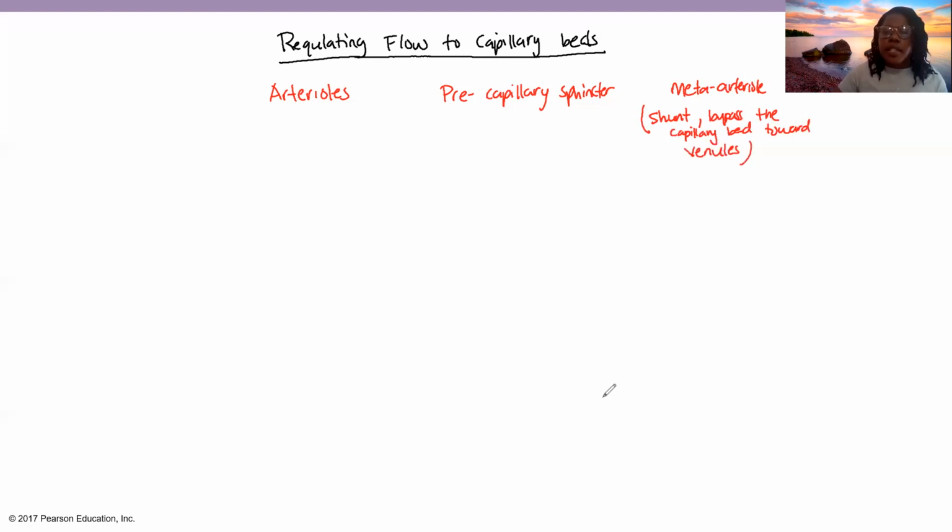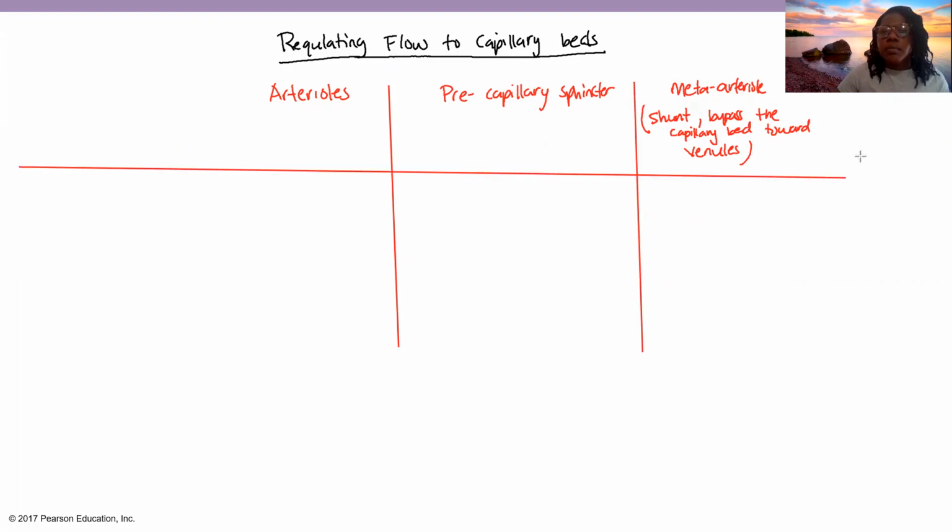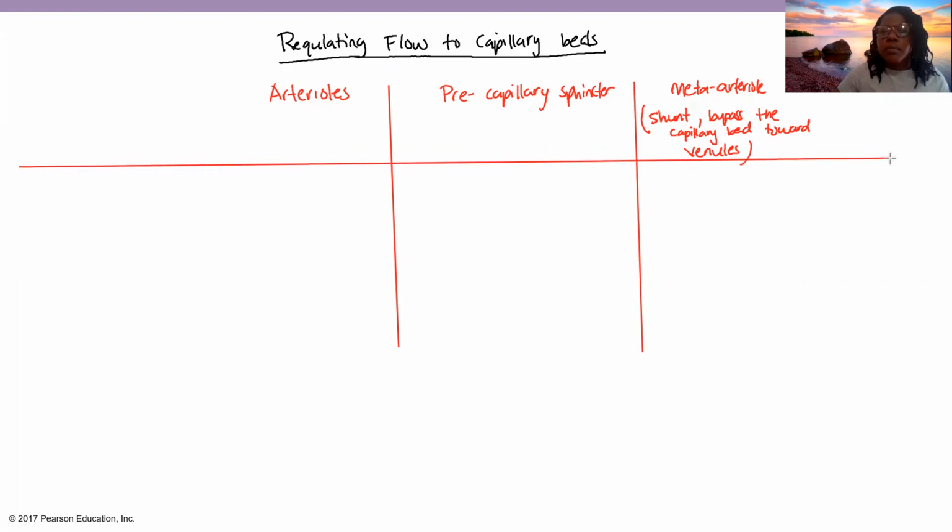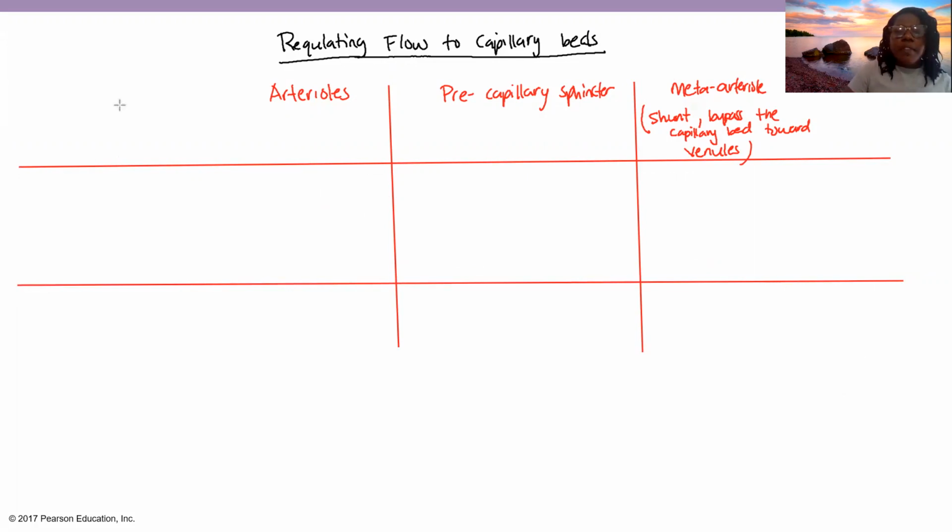Okay, so let's look at each of these and how vasoconstriction and vasodilation have different effects on each.